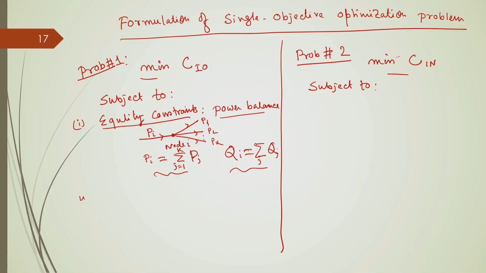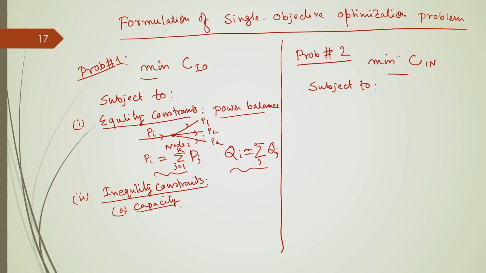But apart from that, we have a number of inequality constraints. What are those inequality constraints? First is the voltage constraint or capacity constraints. First is capacity constraints.